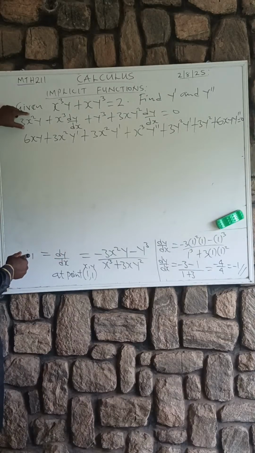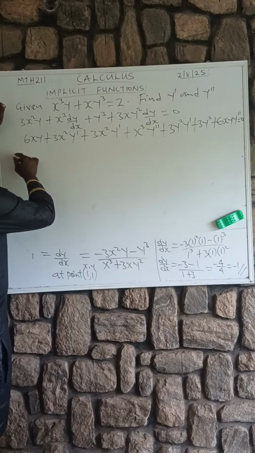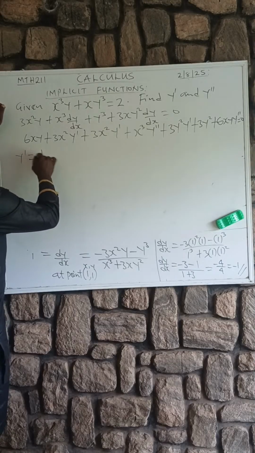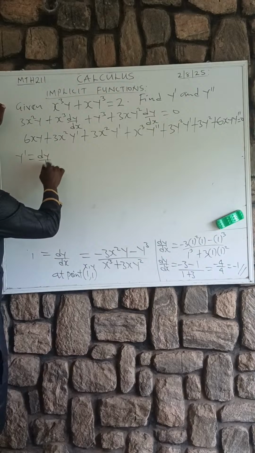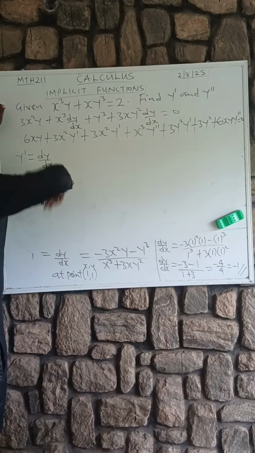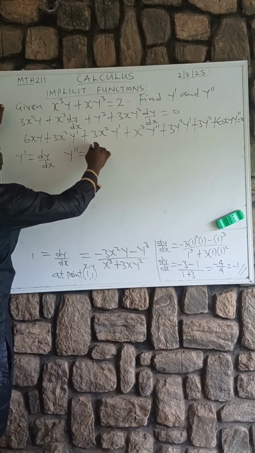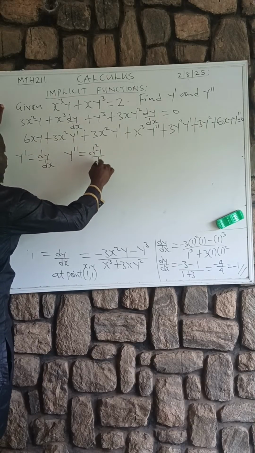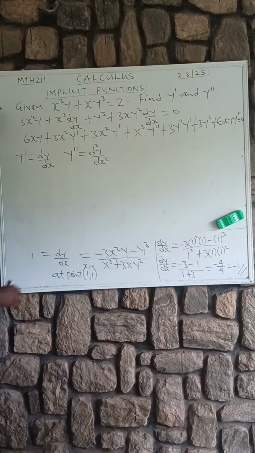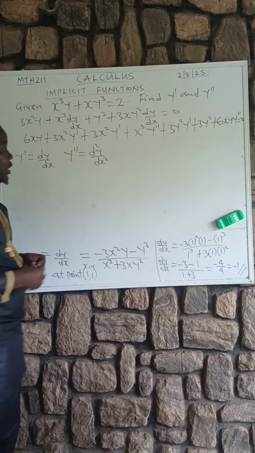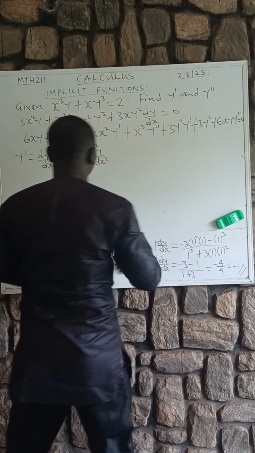I told you that y prime is the same thing as dy over dx, two of us. Then y prime prime is the same thing as d squared y over dx squared, two of us. So if you agree with me, listen very carefully.